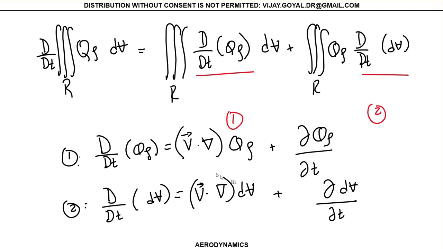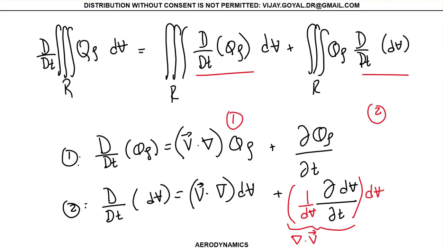Now, what I could do is multiply by dV here and divide by dV there. So this whole expression, if you remember, we derived before. This is nothing else than the volumetric strain of the fluid particle.